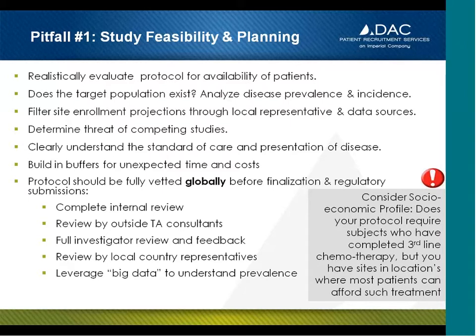Certainly analyzing disease prevalence and incidence is one of the biggest challenges with global studies. Unlike here in the U.S., where we might be able to tap into databases like insurance claims and other types of information that data aggregators have put together for us, when we look at the global landscape, it's much harder for us to really analyze disease prevalence. There are organizations like the World Health Organization who have aggregated some data on disease prevalence.